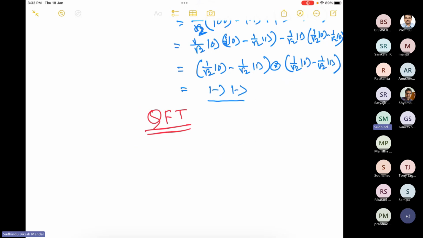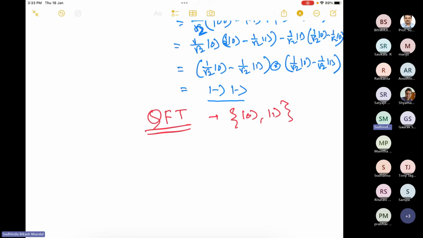Okay. And in one line I can say the QFT operator is nothing but a basis changer operator. What is the meaning of this basis changer operator? Actually, QFT changes the state from the computational basis to a Fourier basis. What is that computational basis? I have already told you this computational basis is 0, 1.